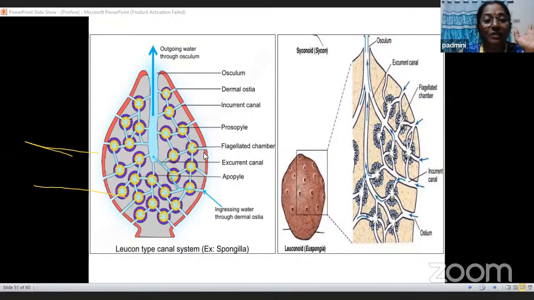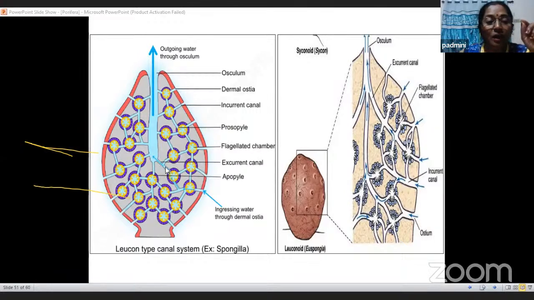You have the pinacoderm or the pinacocytes present outside. They open into the dermal ostia. From the dermal ostia, the water goes inside, and inside they have these choanocyte chambers. Then they open into the prosopiles. From the prosopiles, they open into the spongiocele through an apopyle.